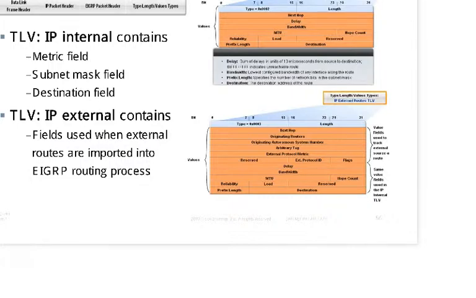For classless routing, we need to communicate also the subnet mask. This will solve the problem of discontiguous networks, because now that we can communicate the subnet mask exactly, we can deal with automatic summarization, we can deal with discontiguous networks, whatever.